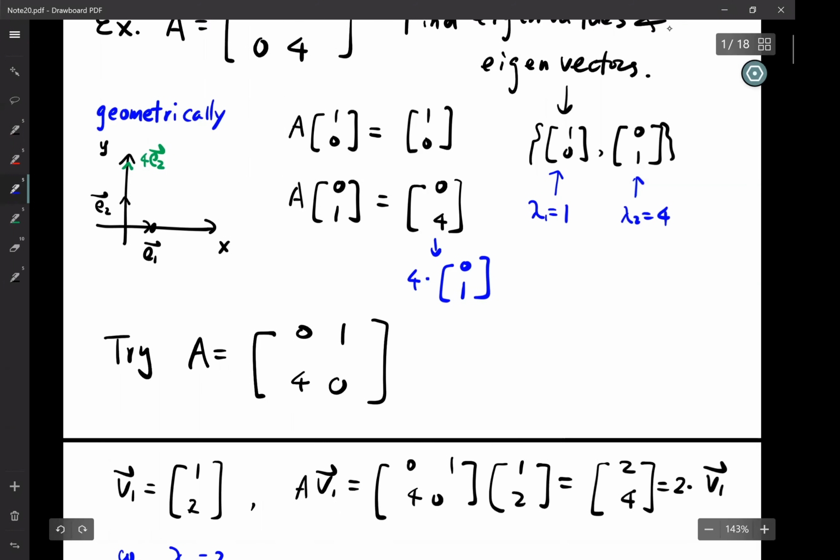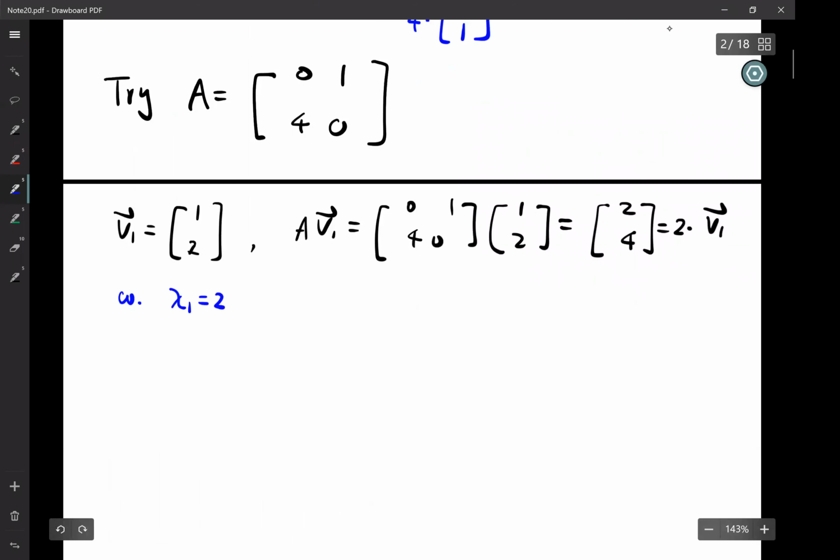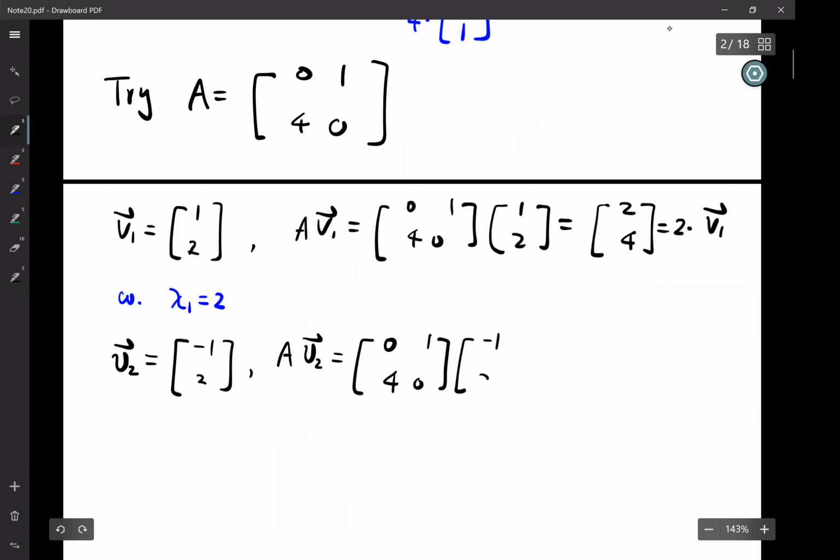Good? Okay. So I guessed the first eigenvector. Now I want to find the second one. I don't know whether there exists a second one, but again, I make a very educated guess. I have no idea how I came up with this, but again, once I tell you, I can readily check whether this is true or not.